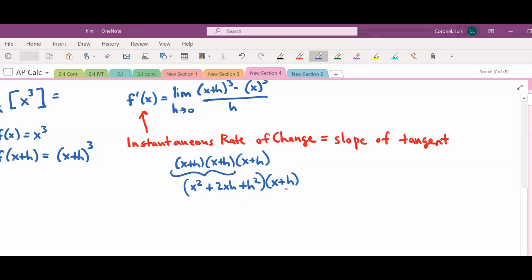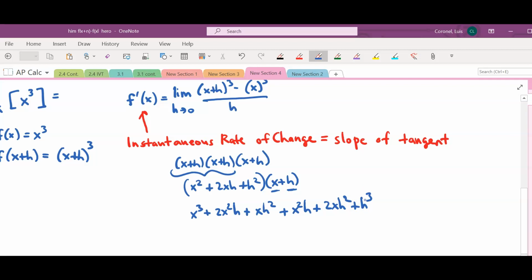And now we're going to multiply the x first with every single term. You get x cubed plus 2x squared h plus xh squared. Now we're going to multiply the h with every single term, plus x squared h plus 2xh squared plus h cubed.